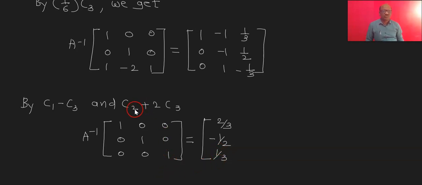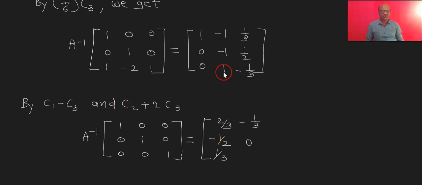Next is C2 plus 2 times C3: minus 1 minus 2 by 3, that is minus 3 plus 2, and overall you will get minus 1 upon 3. Next is C2 plus 2 times C3: it is minus 1 and 2 will get cancelled, and overall here you will get 0.